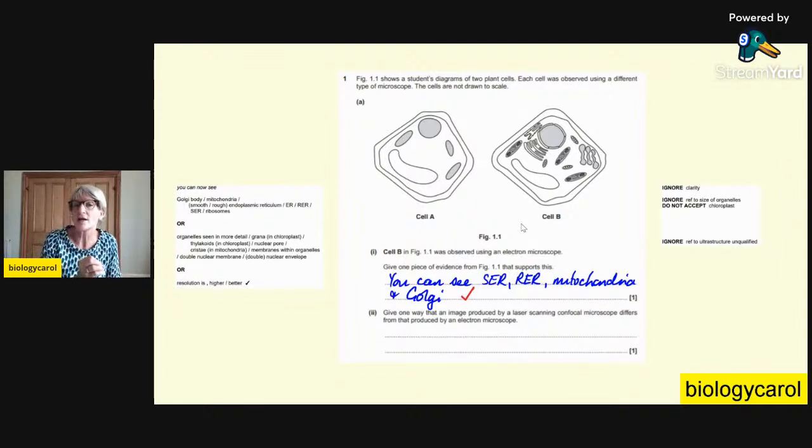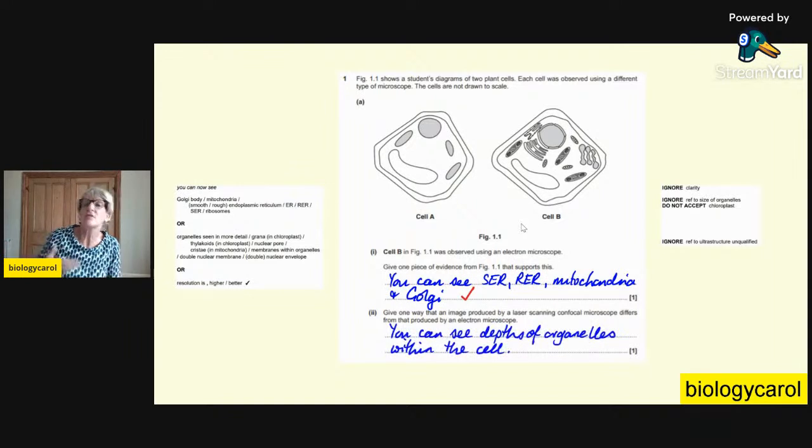And you visualize them because you use fluorescent tags in your specimen. So to me, it was the depth of the organelles that was the important thing. Notice that I haven't used the phrase, oh, you can see in 3D, because actually what you're seeing are definite layers. You're not seeing it in 3D like the scanning electron microscope.